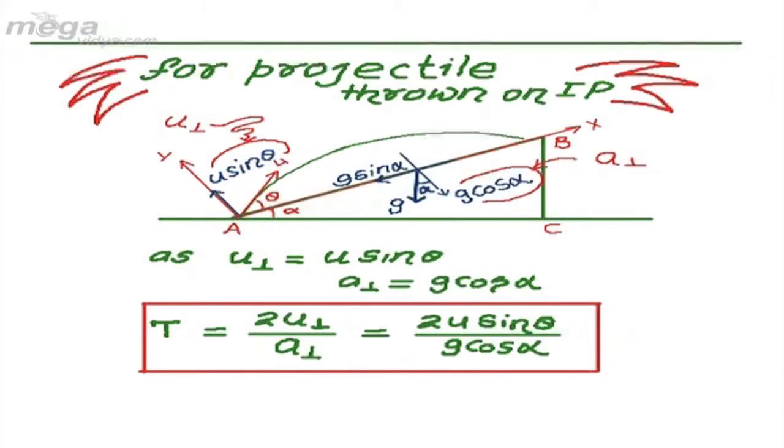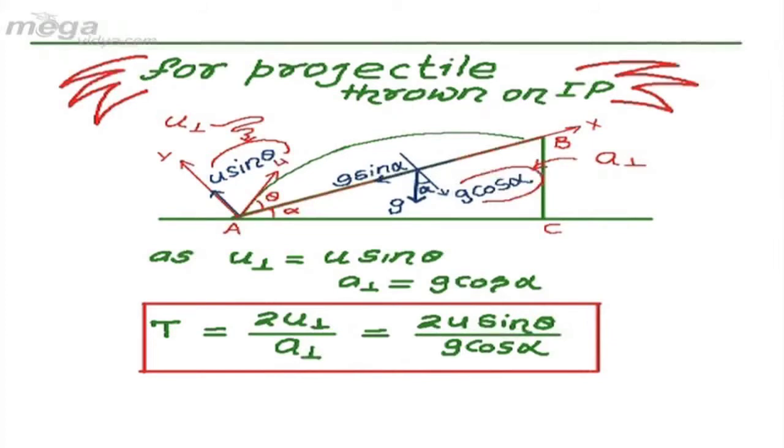So I will write a perpendicular to be equal to the component of g perpendicular to the incline, meaning g cos alpha. So by using the similar type of relation, we can get time of flight of this projectile on the incline equal to 2u sine theta divided by g cos alpha.